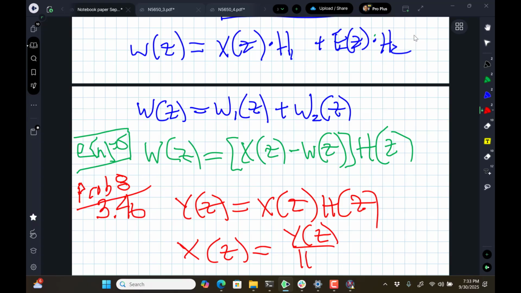You can write all that stuff down, but then you have to think about what is really going on here, and you have to think about regions of convergence. So you have to study what's going on with the regions of convergence all the way along. Just keep focusing on that.